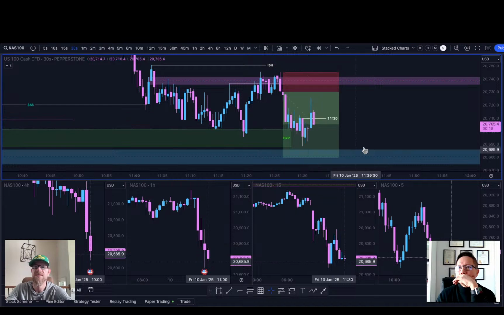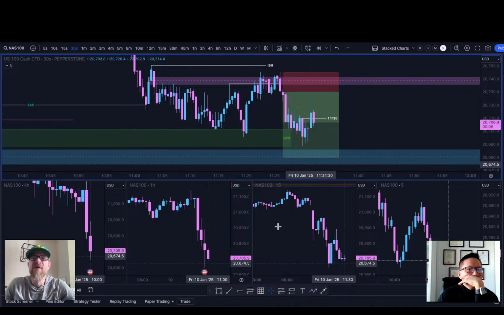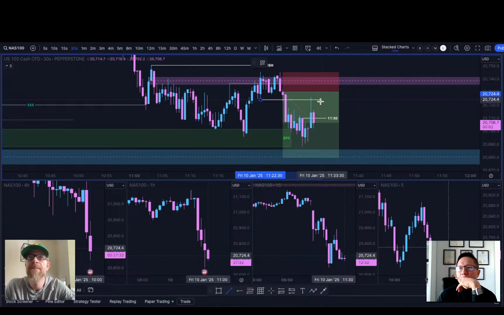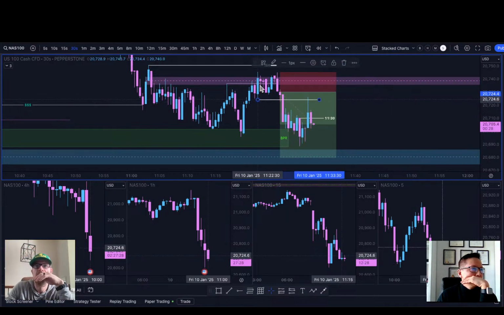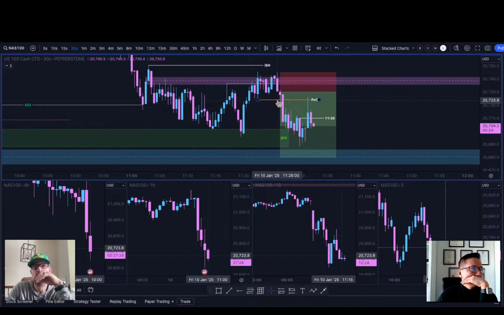Unmitigated flip. And that went into the POC really nicely. Really quick. Maybe now it just wants to go back down. What are we going to name that?